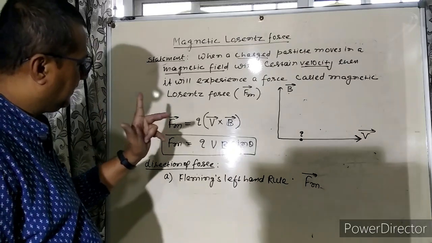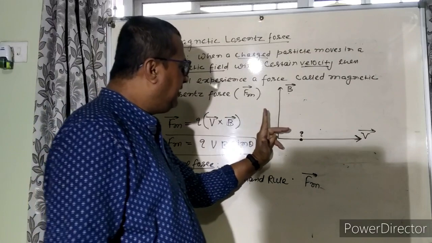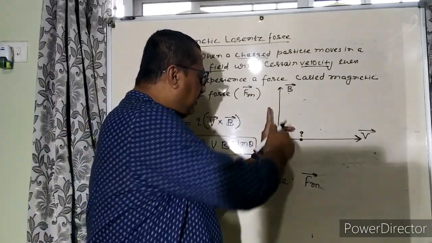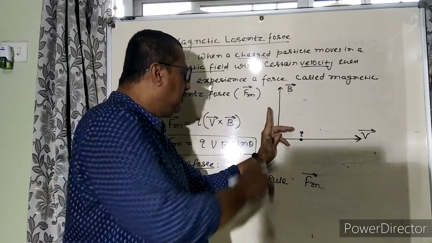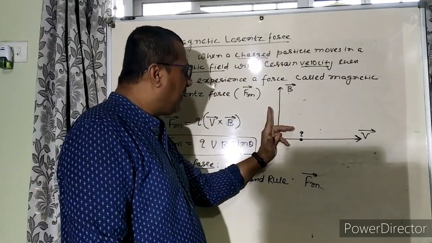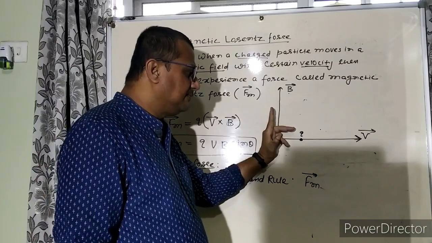It tells that if the central finger is the direction of velocity, forefinger is the direction of magnetic field, then the thumb indicates the direction of force.